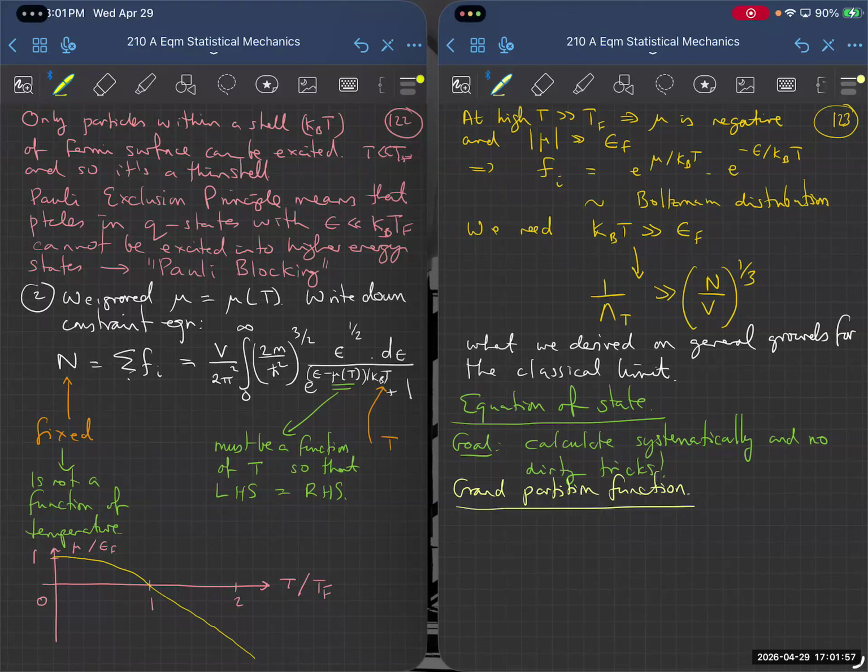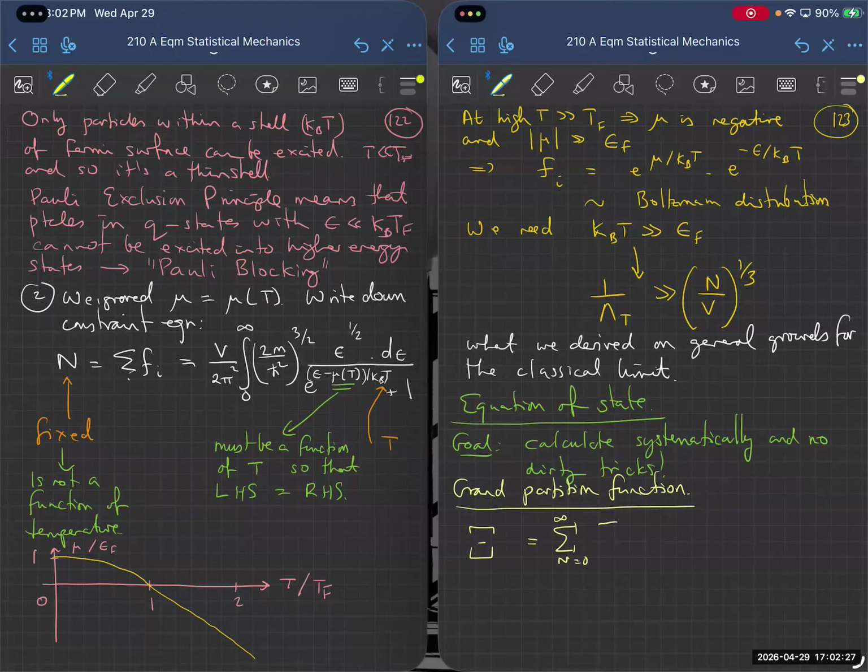Our formal statement for the grand partition function is the thing that we wrote down last time. Let me just remind you what it is. First of all, we sum over the total number of particles in our system. In the grand partition function, we sum from N equals 0 to infinity, so we allow a non-constant number of particles in the system. Then we have to sum over the occupation numbers of the different quantum states.